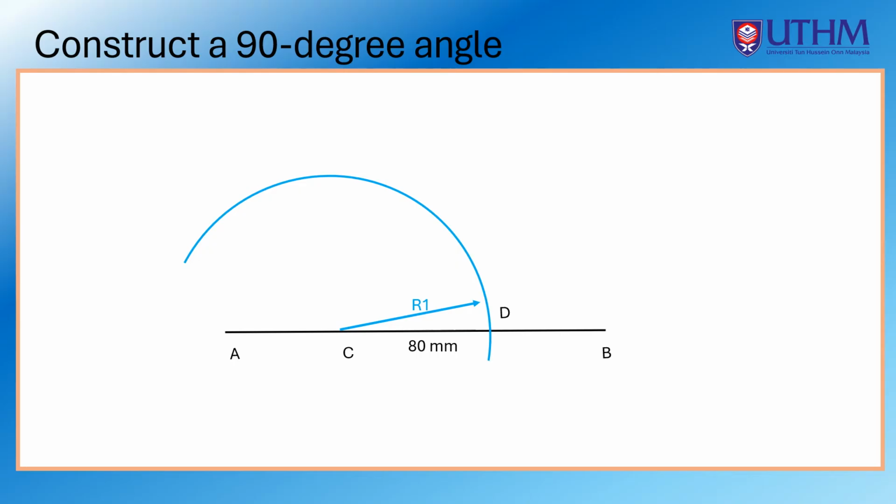From point D, create a curve with a radius R1 that intersects the previous curve at point E. Now, from point E, create a curve with radius R1 that intersects the previous curve at point F. Now, with the radius R2, create a curve from point E and F that intersect each other.